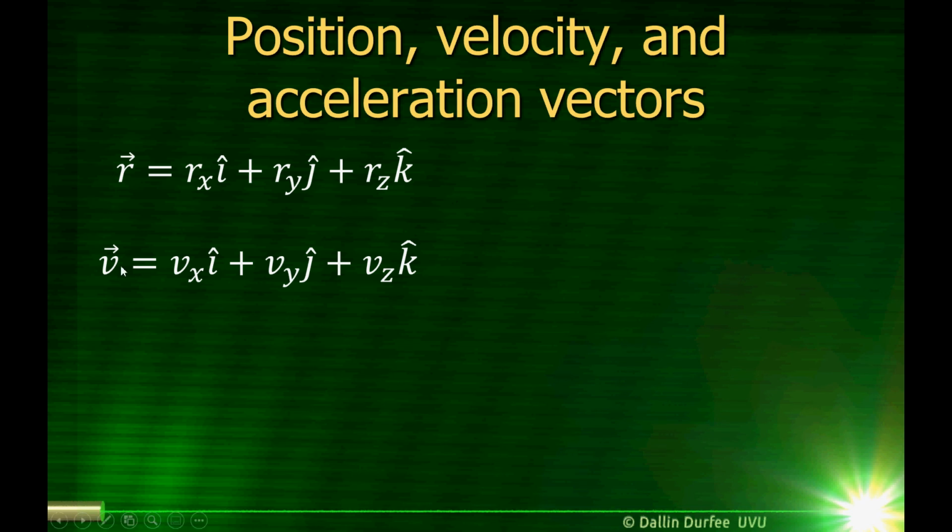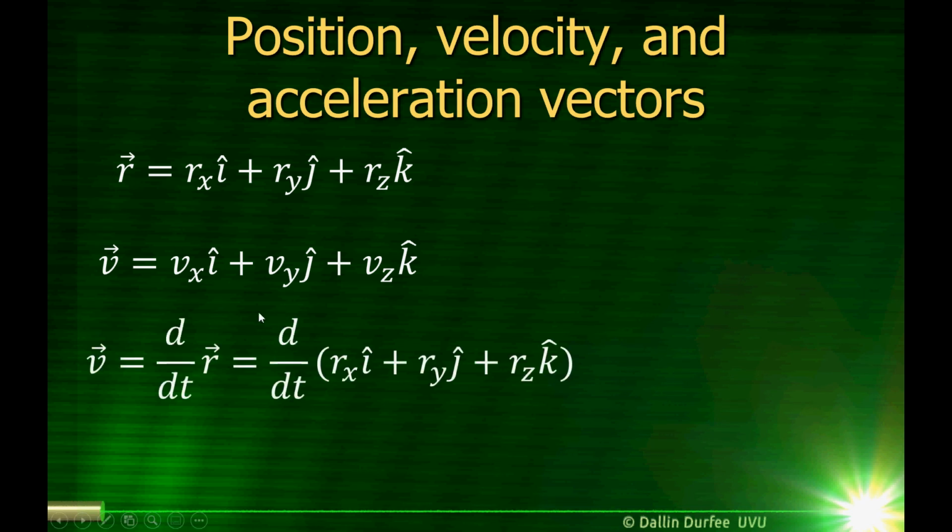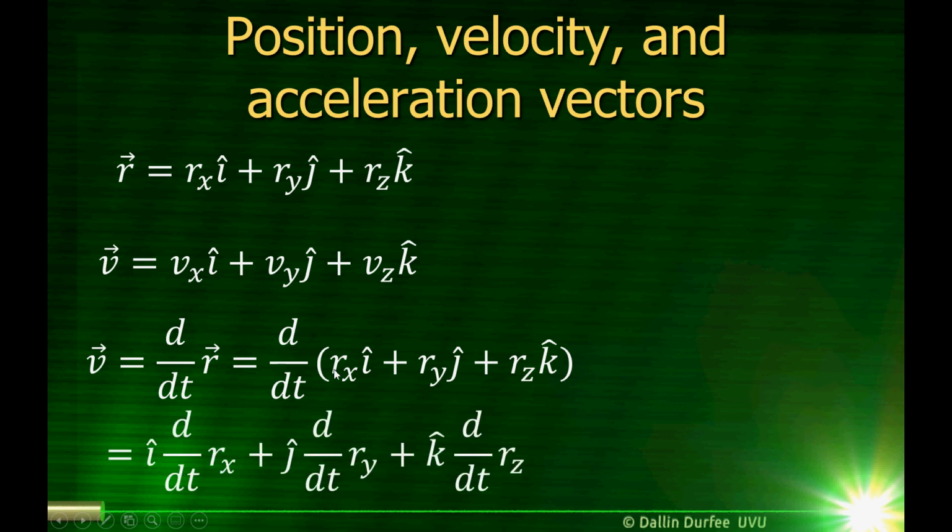And how do I find the velocity vector? Well, velocity is just the derivative of position with respect to time. So that's just the derivative of rx i hat plus ry j hat plus rz k hat. And I know how to take the derivative of a sum of things. I just take the derivative of each individual part, and of course i hat, j hat, and k hat are constants, so they come out.